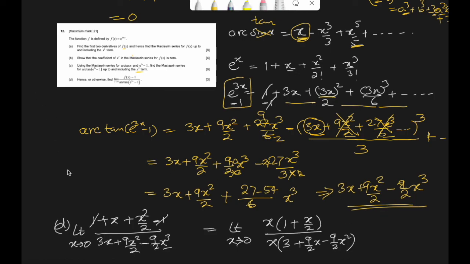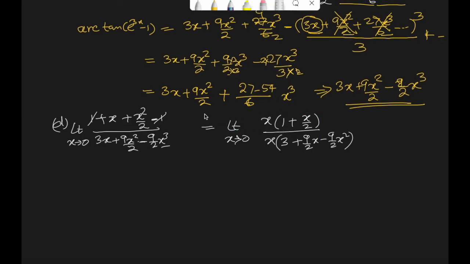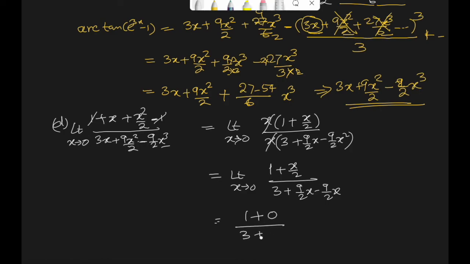Okay, so we are almost there. x and x cancel. We are left with the limit as x approaches 0 of 1 plus x over 2 divided by 3 plus 9 over 2 x minus 9 over 2 x square. And now we can substitute x equal to 0 in this, because it's approaching 0. So 1 plus 0 over 2, which is 0. 3 plus 0, this was square, 0. Answer is 1 over 3.